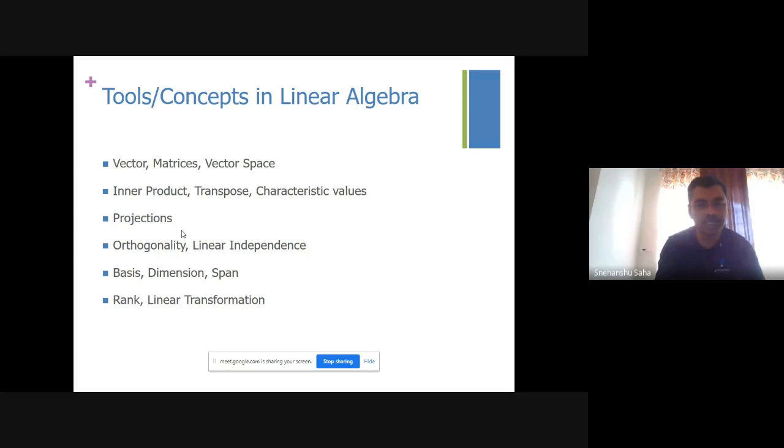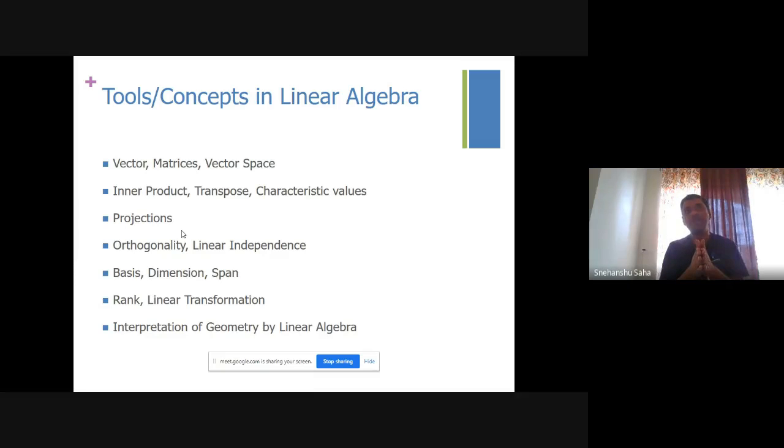So some of the tools and concepts that are really, really important in linear algebra are, and I have mentioned some of these concepts. If you recall, I mentioned inner product, I mentioned eigenvalues or characteristic values, as you can see in this slide. I talked about projections, I talked about orthogonality, right? I mentioned linear independence, orthogonality, and eigenvalues in the context of PCA, right?